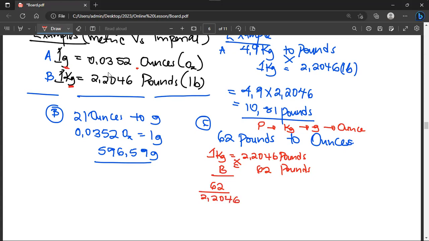Take note, I told you what number multiplies with the unknown. That means you're going to divide. If the 62 was this side, we are not going to divide, it will be straightforward. Okay, the answer we get here will be kilograms. 62 divided by 2.2046, you end up having 28.12. These are kilograms. So kilograms to grams, we need to multiply by 1,000. And what do we end up having?